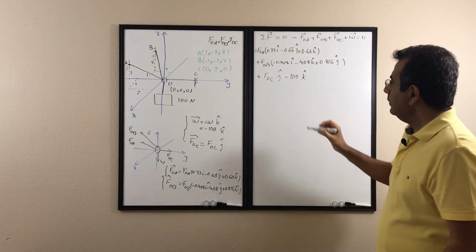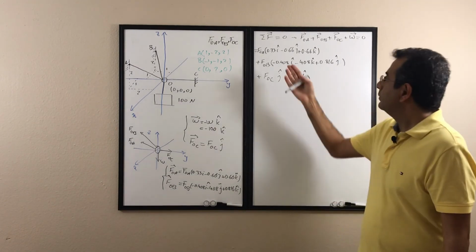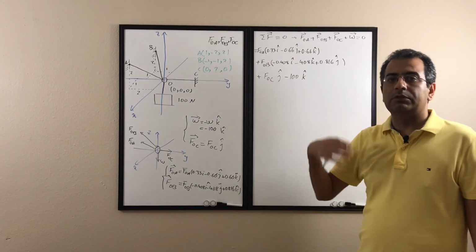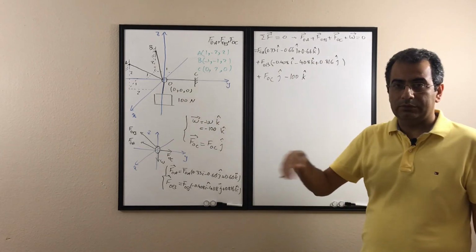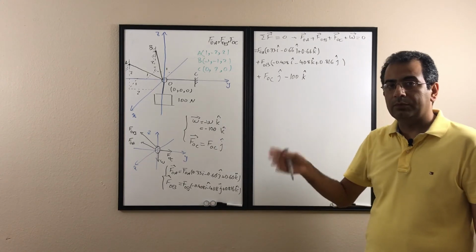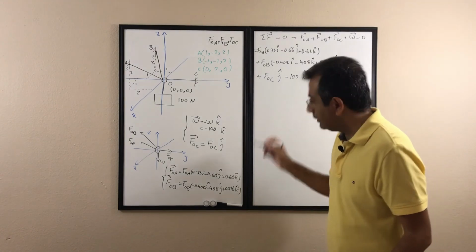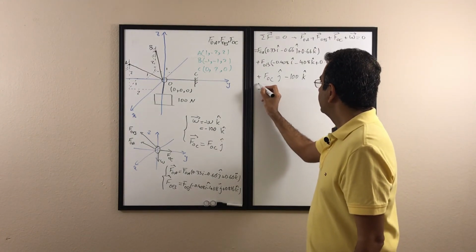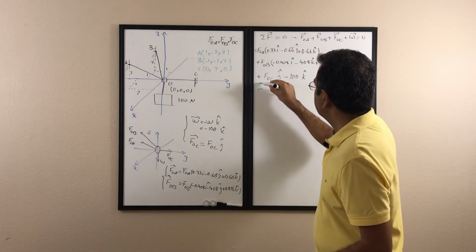Now, at this point, I'm going to add all the I components together, which are the components along X, all the J components together, which are along Y, and all the K components, which are along the Z direction. I draw the line here.